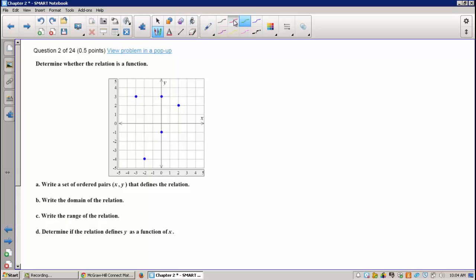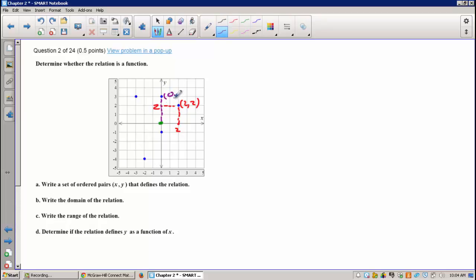You need to have only one output corresponding to each x. For example, I have number 2 here, and that number 2 is corresponding to number 2. So this is the point (2, 2), right? How about 0? Think about 0. What is 0 corresponding to? There are two correspondences to 0.